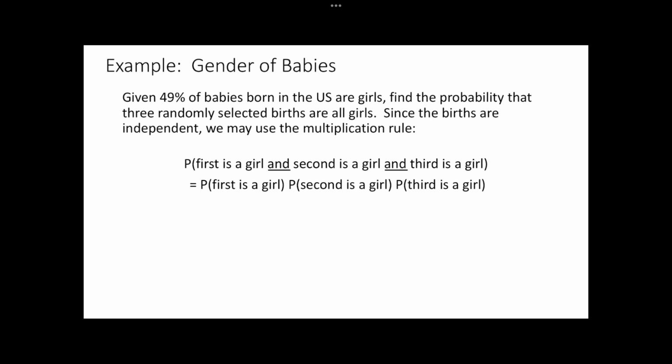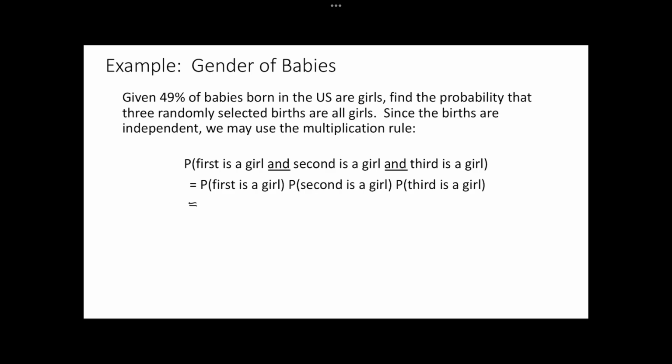If I choose a baby at random and then choose another baby, whether or not that second baby is a girl is not dependent on whether the first was a girl. Okay, so we can recognize that these are independent events, and so the probability that we're looking for can be found by just multiplying the probability of drawing a girl on each draw.